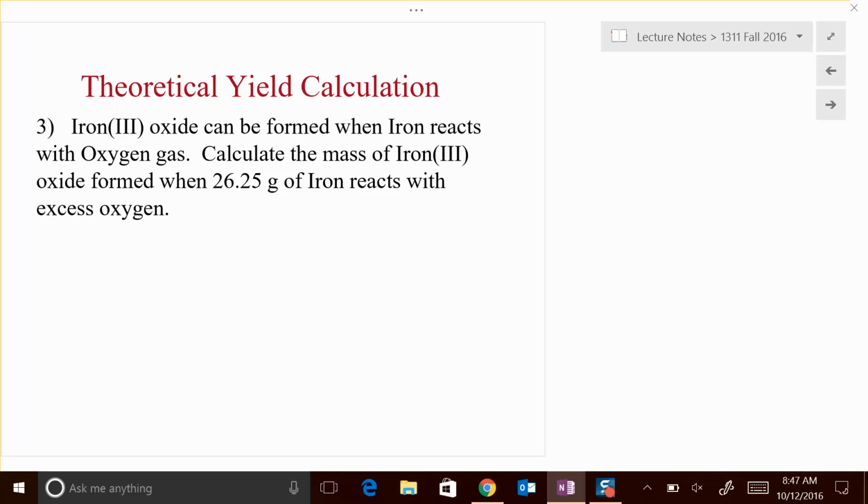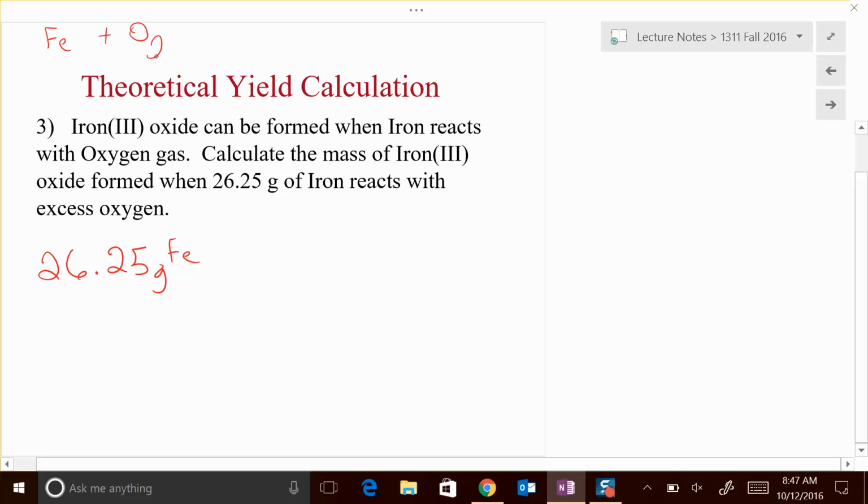Okay, so this one made you work a little more, but I think you guys are getting there. So 26.25 grams of Fe. We have to have our balanced chemical equation, right? Fe plus O2 produces Fe2O3.